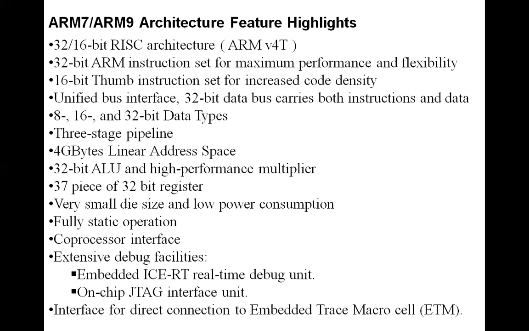About 37 registers are available internally. We will see the special structure of these registers one by one. As per die size, it has a very small die size and low power consumption.